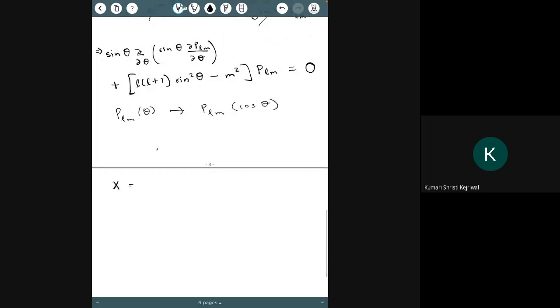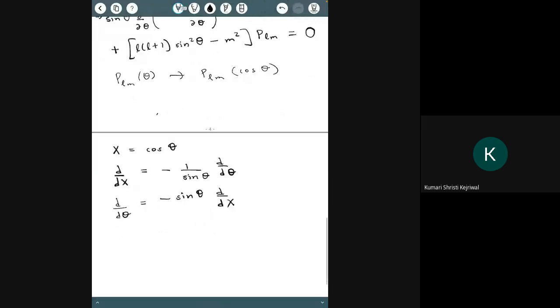We will define a new variable x as cos theta, and change all the operators and variables in this equation. So d/dx is then minus 1 by sine theta d/d theta, so d/d theta is minus sine theta d/dx.